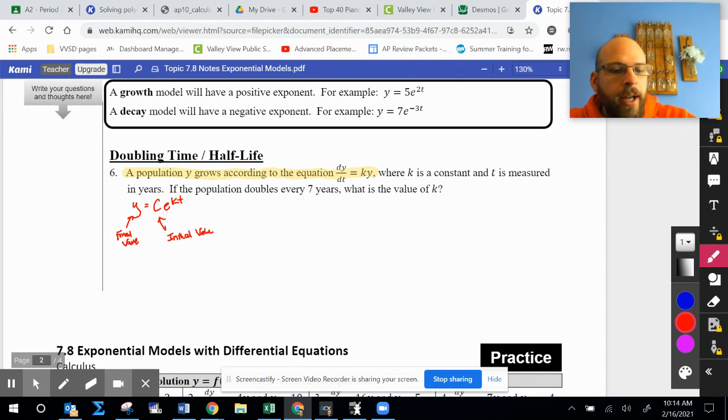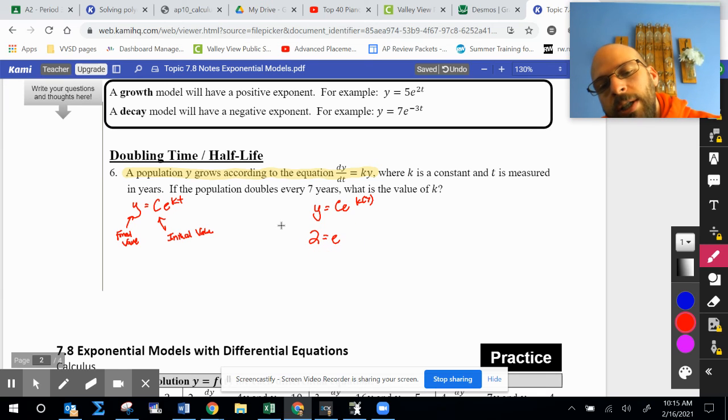All right. Now I know that after 7 years, this is going to double. So if I started with 1, I'm going to get 2. If I started with 5, I'm going to get 10. So whatever I start with, notice they don't give me an initial amount, but it doesn't really matter because whatever I start with after 7 years is going to double. So I'm just going to say 2 equals e to the 7k.